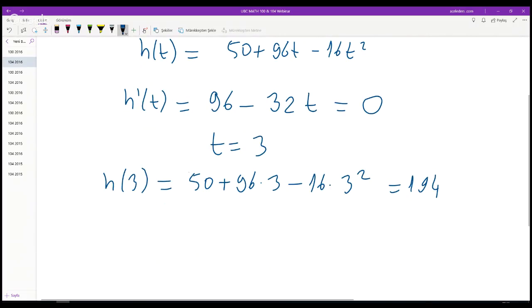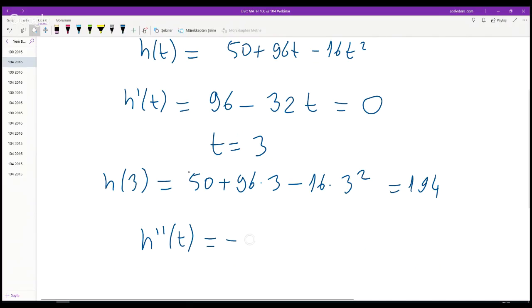Okay, I just check the second derivative.